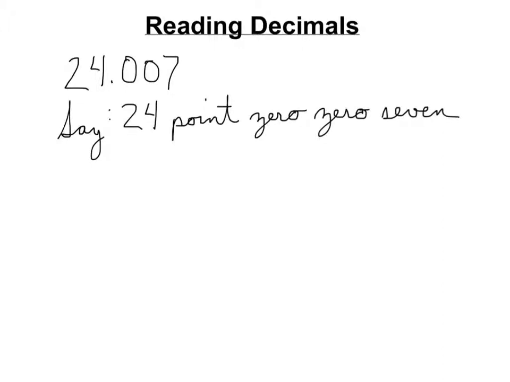So what you should see here is we say the whole number, and then we say the point, and then we name each decimal place. So there's a 0, a 0, and a 7.